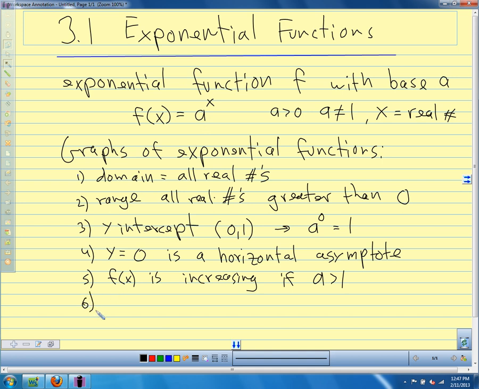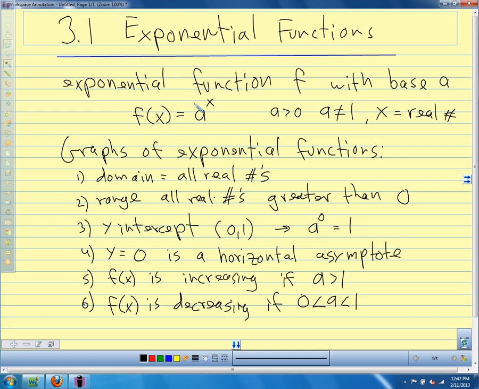Number 6, our last fact about our graph, is our function is decreasing if a is between 0 and 1. So if our base is a fraction or a decimal, then our function is decreasing. It goes down and down, and never changes.